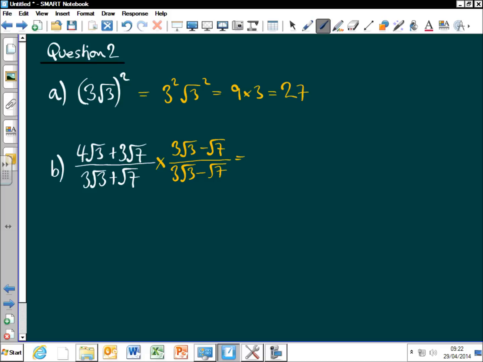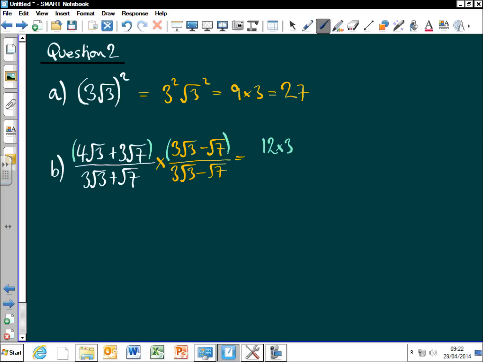I'm going to multiply this out like I would a double bracket, like a quadratic. Okay, so I'm going to do 4 root 3 multiplied by 3 root 3. So 4 times 3 is 12. And then root 3 times root 3 is 3. So that's 12 times 3 is the first term.